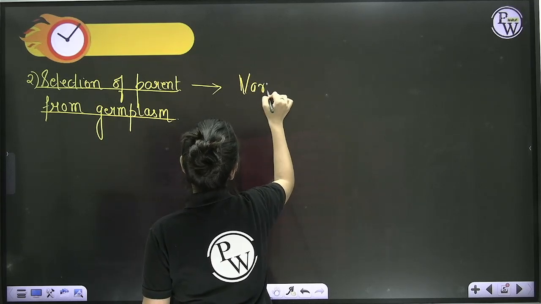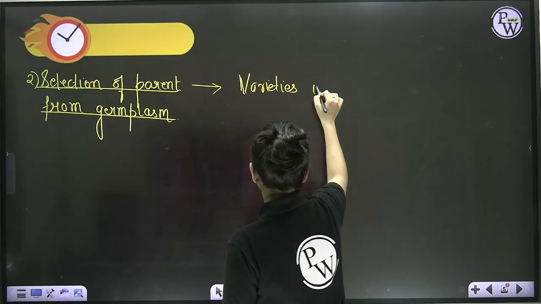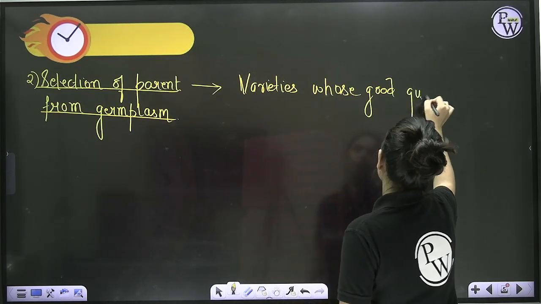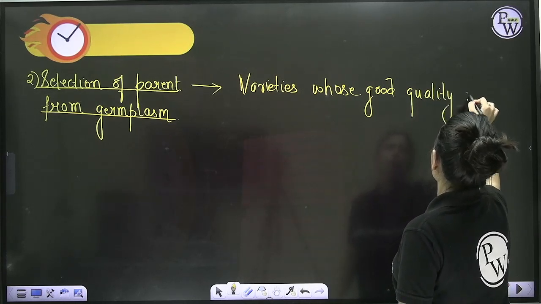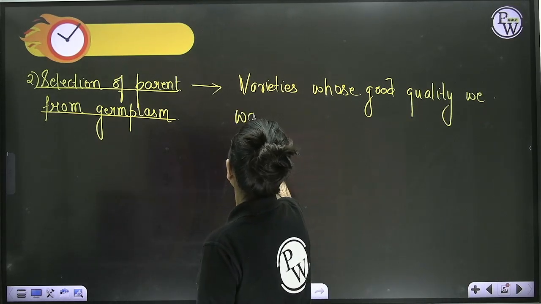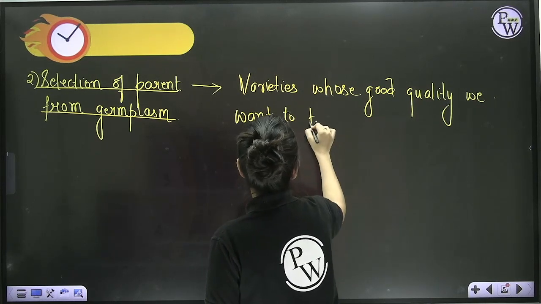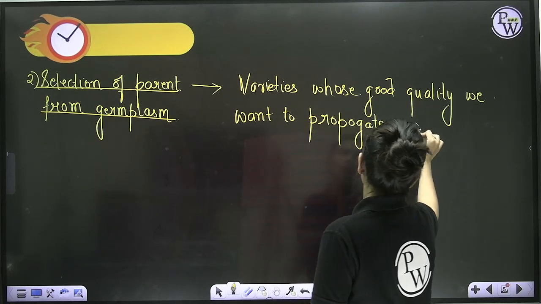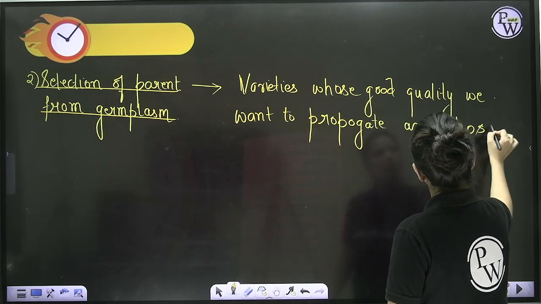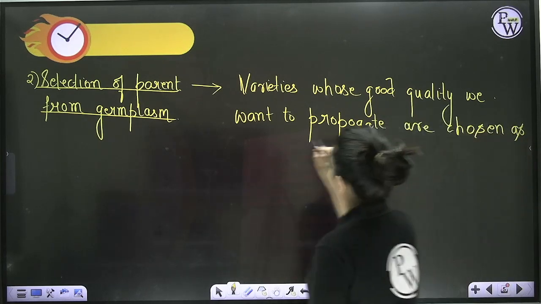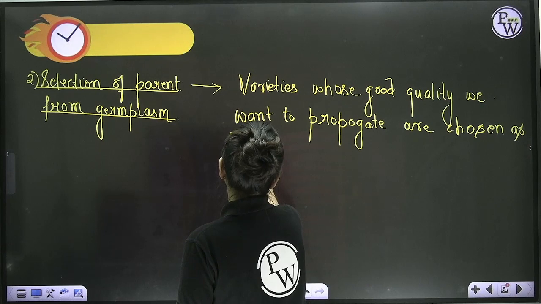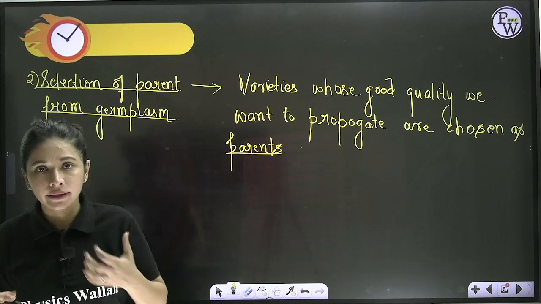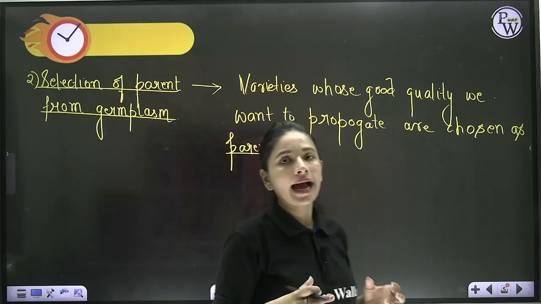Varieties whose good quality we want to propagate are chosen as parents, right? So varieties whose good quality we want to propagate, they are chosen as our parent.